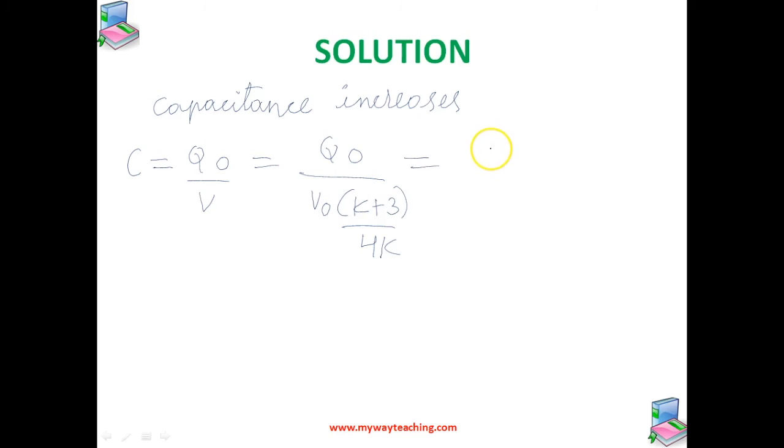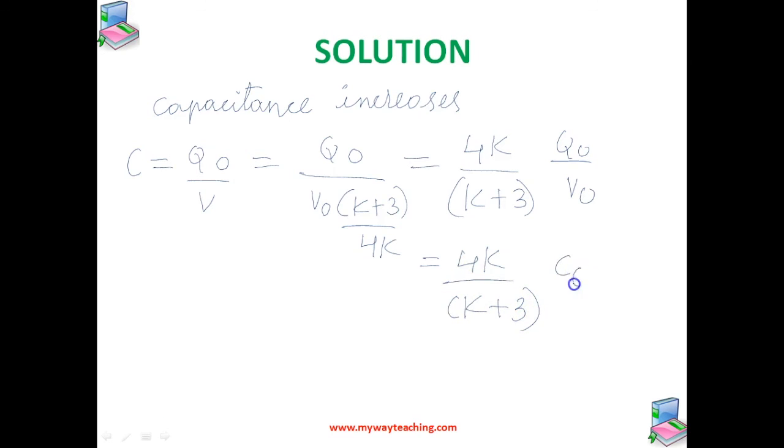That gives 4K by K plus 3 into Q naught by V naught, and this Q naught by V naught can be represented by C naught, because C naught is equal to Q naught by V naught, isn't it?